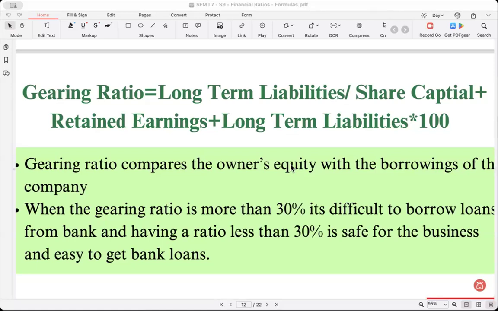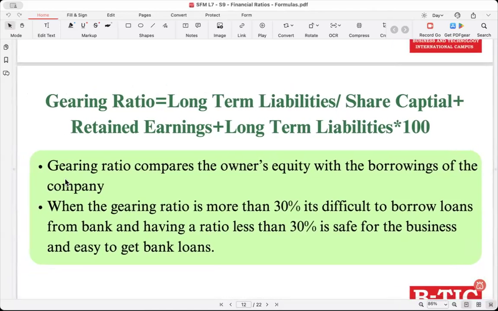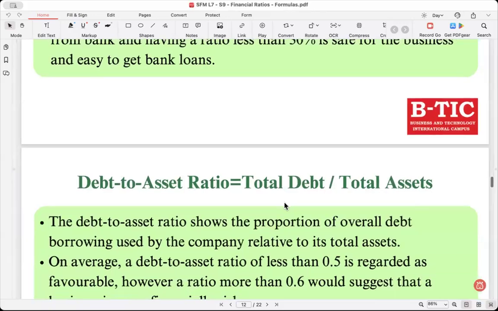If the gearing ratio is lower, the company has low risk because it is running with the owner's equity. That's the reason the gearing ratio is very important, because usually banks will not give you loans if your gearing ratio is more than 30%. This is the gearing ratio.